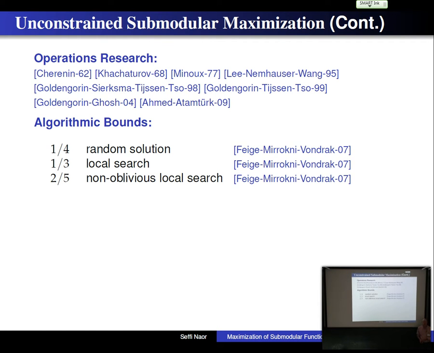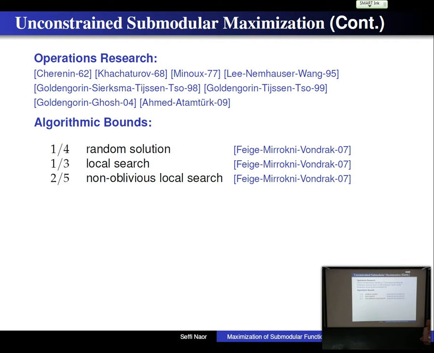In terms of history, well, people in operations research have been looking at maximizing submodular functions since the 60s. In terms of upper bounds, approximation algorithms, the first algorithm that I'm familiar with for this specific problem is by Feige, Mirrokni, and Vondrak from 2007.